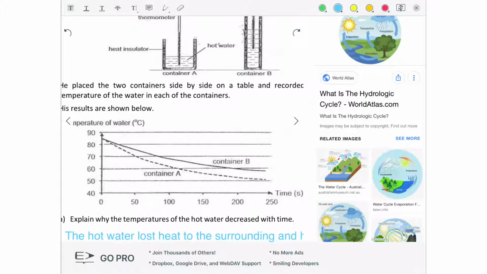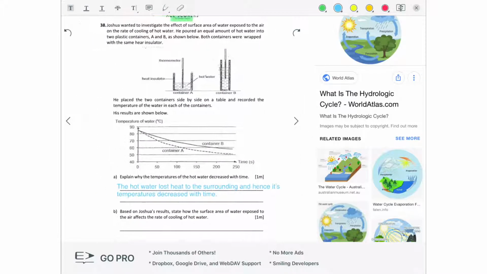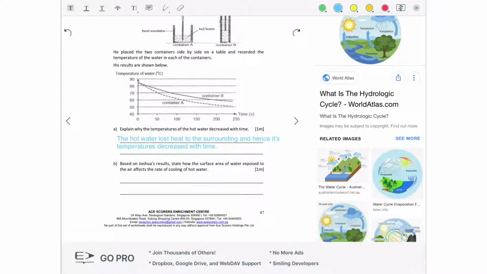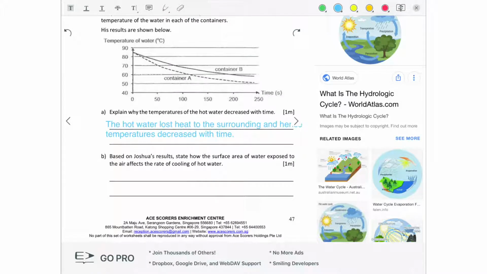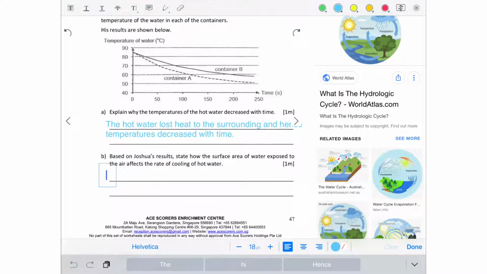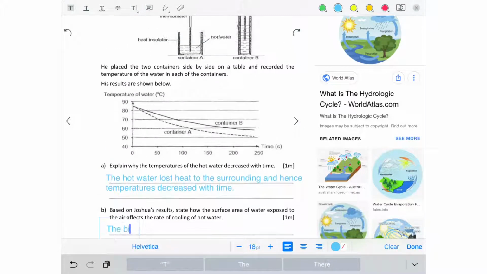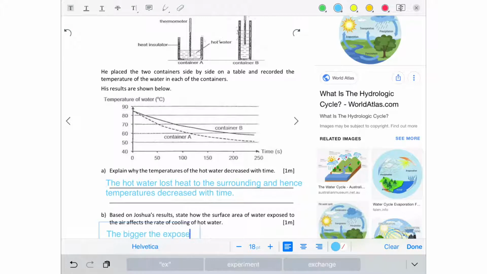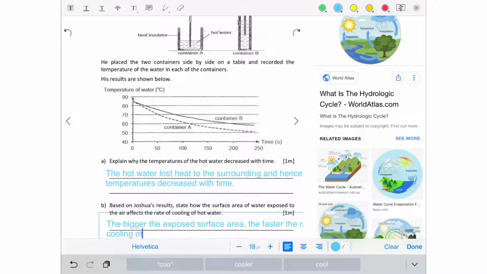So this has more exposed surface area than this one, right? So the reason why, how the surface area is exposed, you see water exposed, right? So we will say that the bigger the exposed surface area, the faster the rate of cooling of hot water, right?